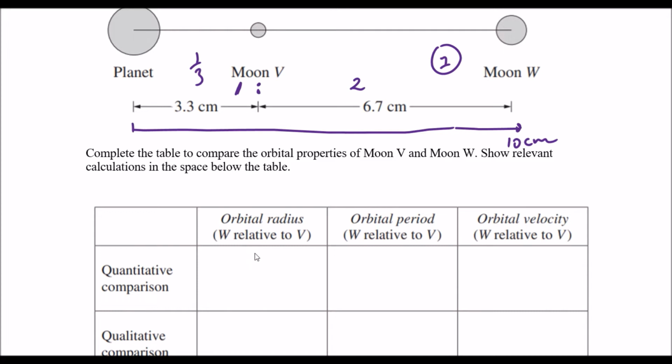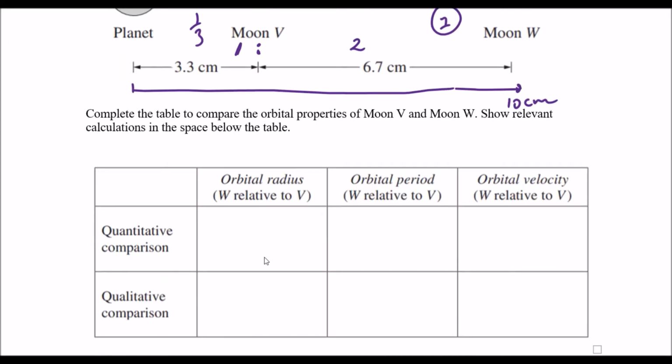So let's just try and put that down as a quantitative comparison. We have moon W's radius over moon V's radius is roughly 3 times larger.